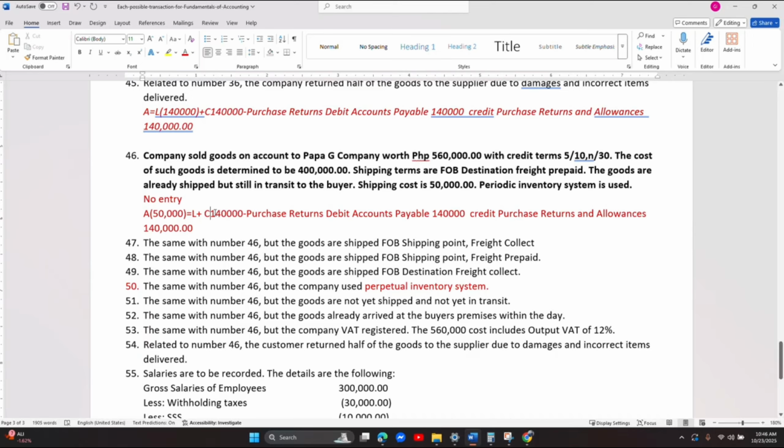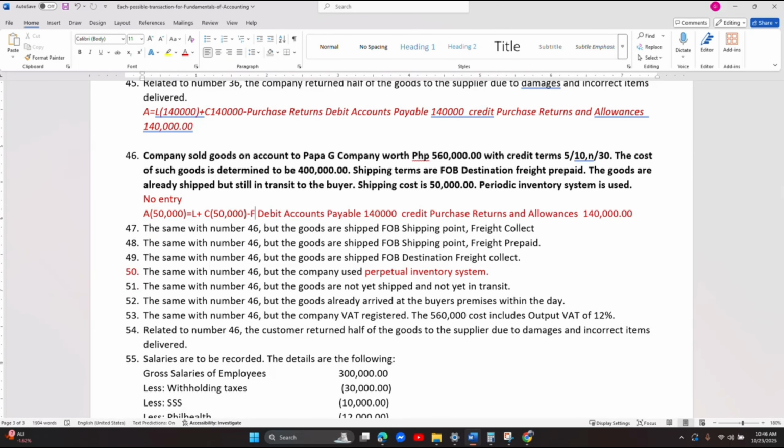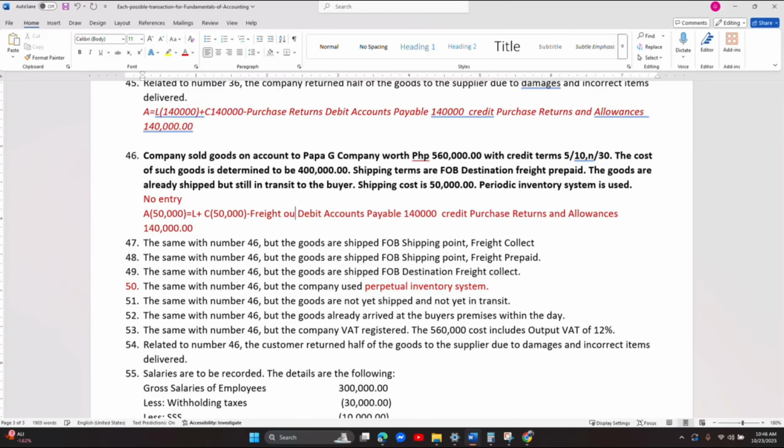And of course, we will have a debit of 50,000 because of freight out. Freight out, you have to think of this as an expense because this is actually part of the selling expenses. The delivering to your customers is because of selling to them, right? So this is part of the selling expenses. So what is the debit?